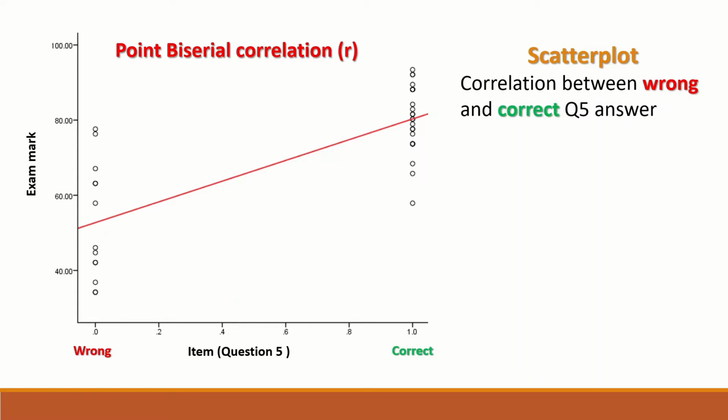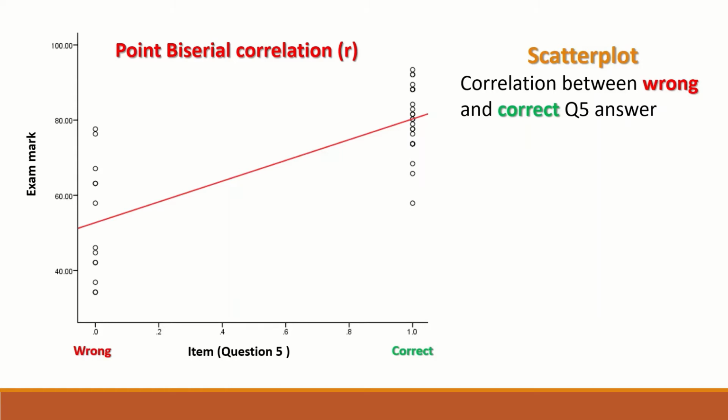As we can see here, most of the students who answered item number 5 correctly tend to have a higher overall exam mark compared to those who answered question number 5 wrongly, who tend to have a lower total mark.